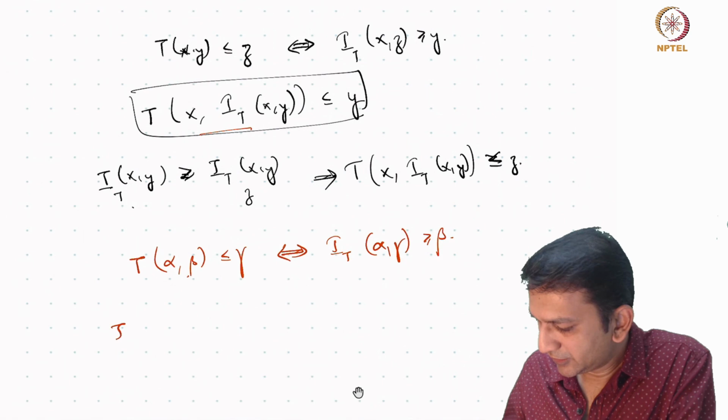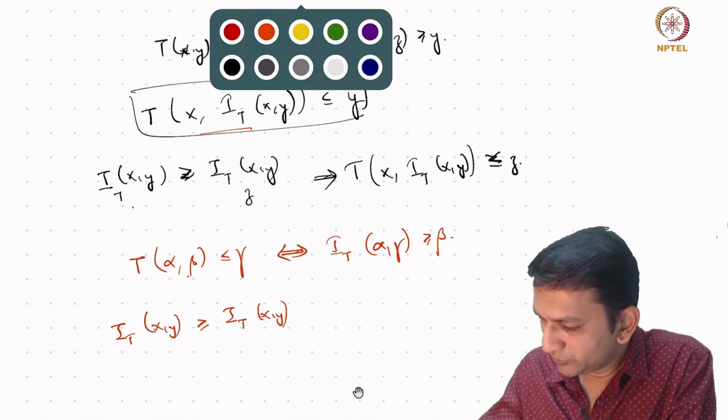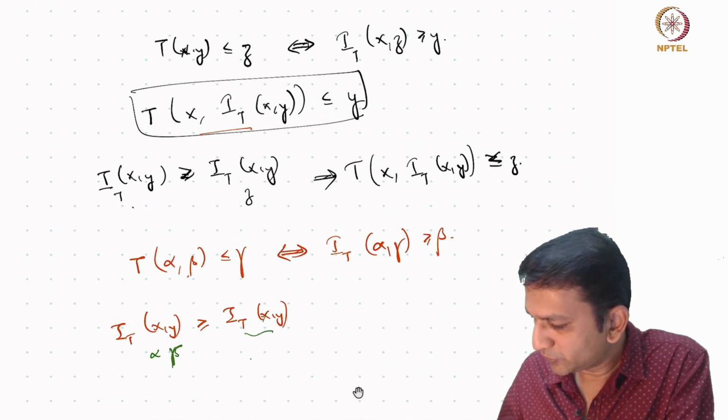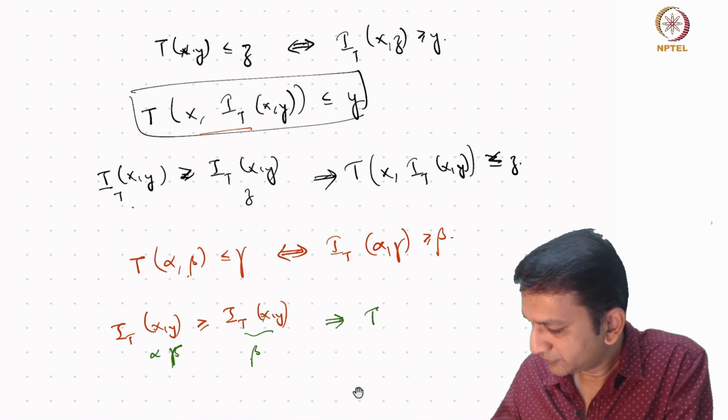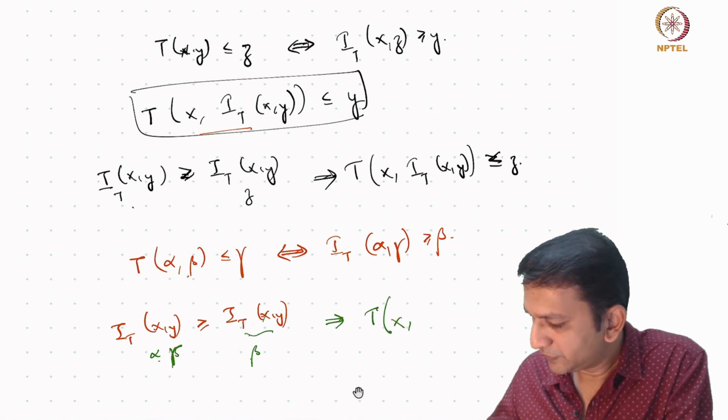So now let's take IT of x, y. We know this is trivially greater than or equal to IT of x, y. Now we assume x to be alpha, y to be gamma, and IT of x, y to be beta, and this implies T of alpha, beta, which is T of x comma IT of x, y, is less than or equal to gamma, which is y.